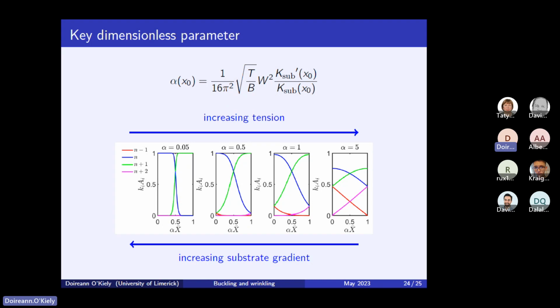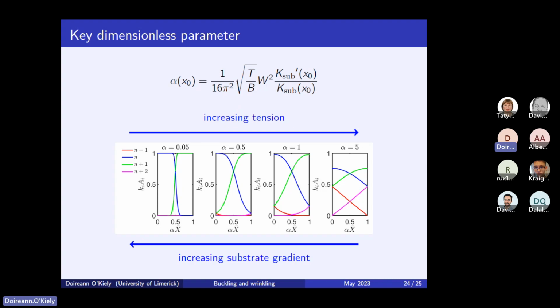And there's just that one parameter basically. And so you can vary that and see all possible configurations. So increasing tension or changing the substrate gradients are comparable. Although I'm not confident my arrows point the right way. Okay, so that's varying in space.